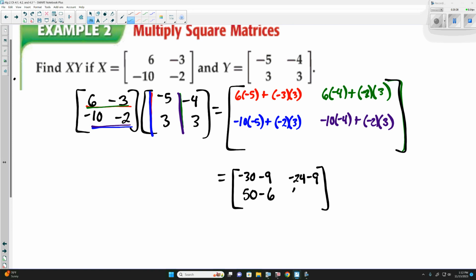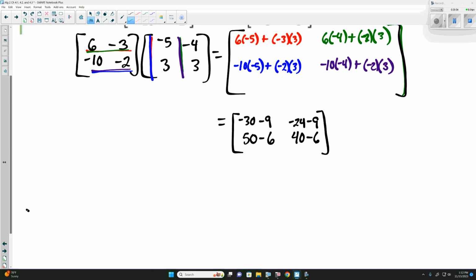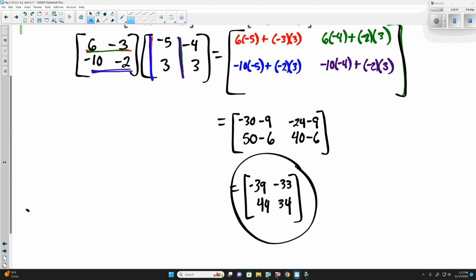Negative 10 times negative 4 is 40. Negative 2 times 3 is negative 6. And lastly, if we combine like terms, we'd get negative 39, negative 33, 44, and 34. So that would be the product of A times B.